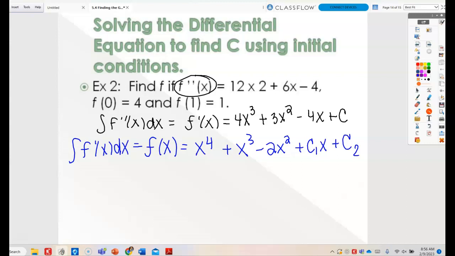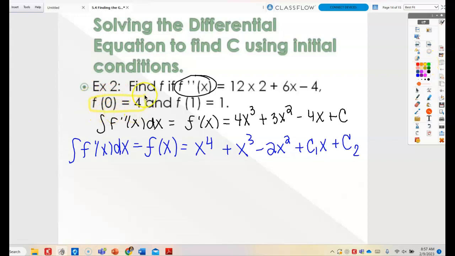We don't know what it is yet. But c does not have to be the same number for the linear part as it does for the constant part. So I have to label them as c sub 1 and c sub 2 because there could potentially be different numbers. And again, we're going to use those initial conditions to find them.